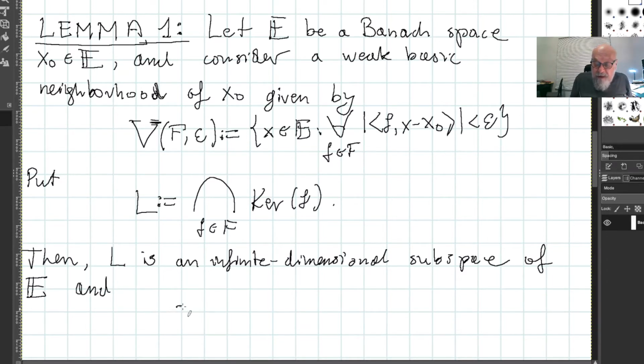I have here that x0 plus L is contained in this V_{F,epsilon}.